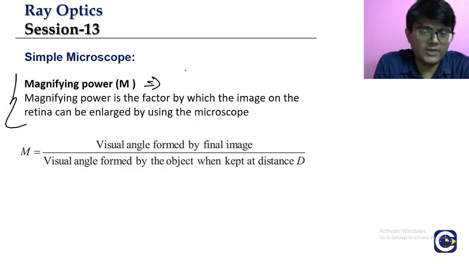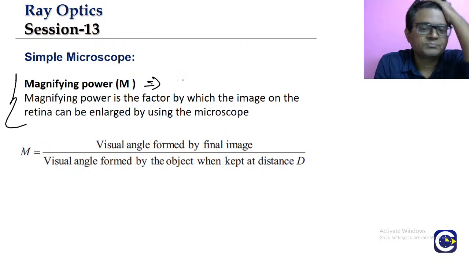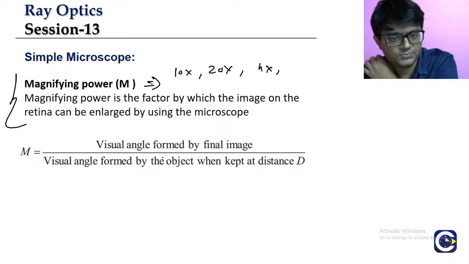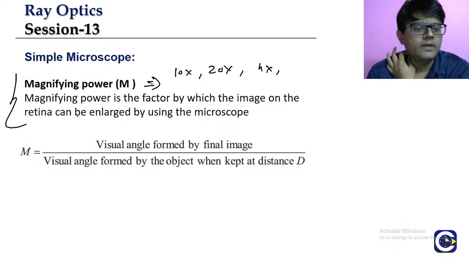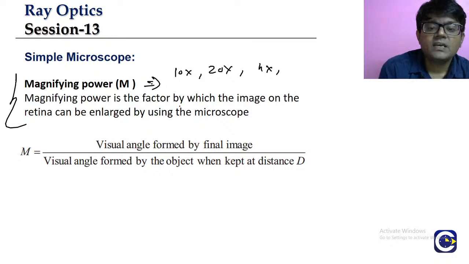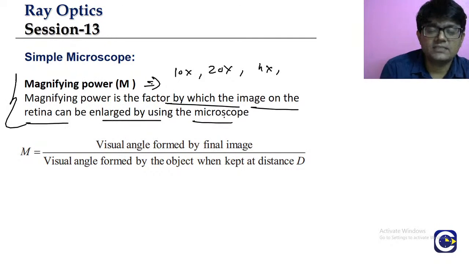If you happen to go to the laboratory and see it, they will mention like 10x, 20x, 4x. 10x means 10 times, 20x means 20 times. Okay, magnifying power is basically the factor by which the image on the retina can be enlarged by using the microscope. Here we're talking about the magnifying power of the microscope.